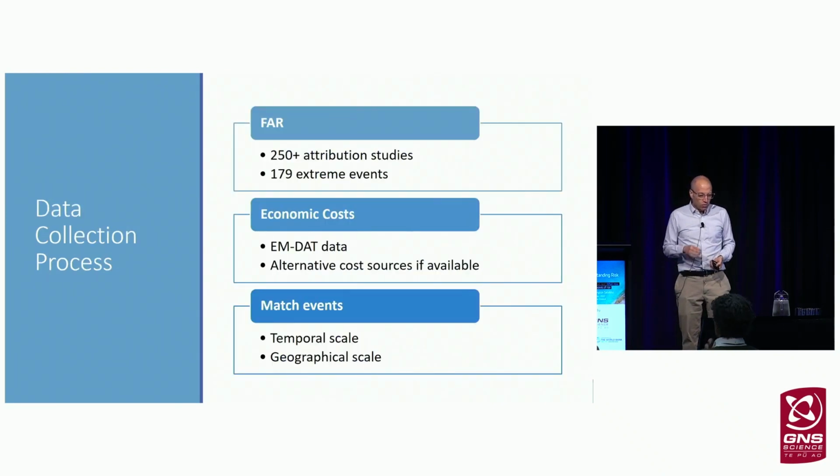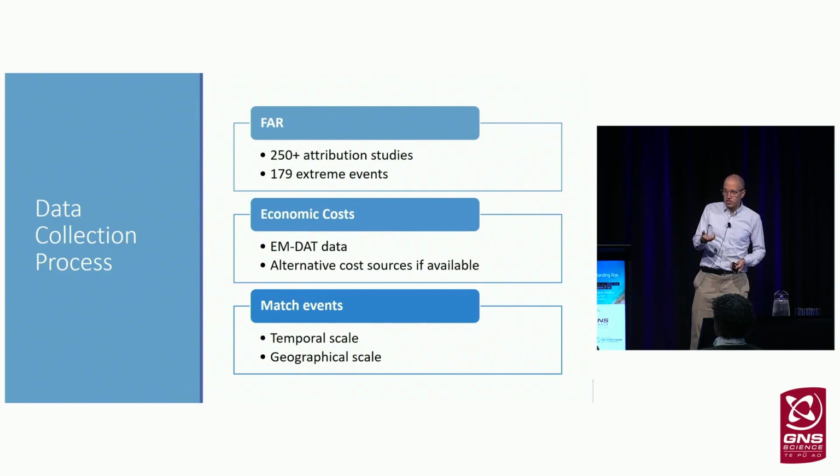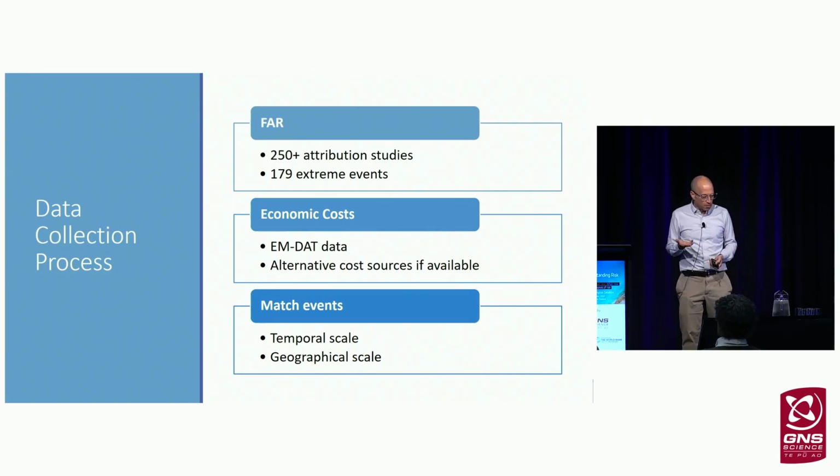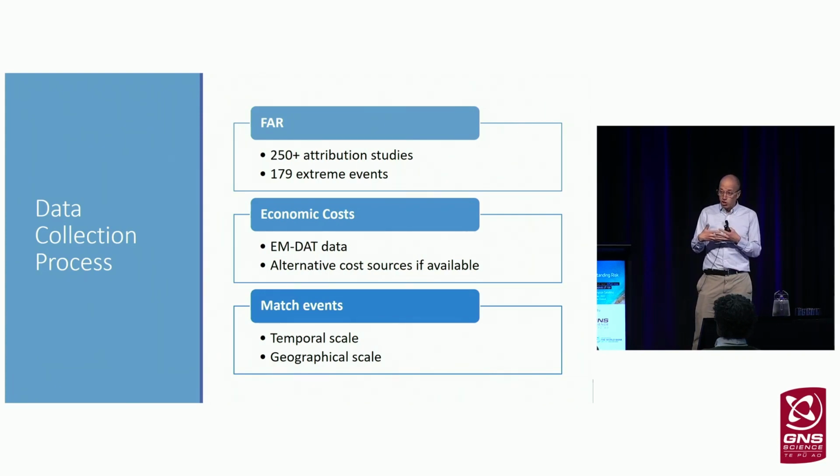So what do we do here? We look at those calculations of what is the changing frequency of extreme weather events in various places. And then we match that with global economic costs of extreme weather events using a global database called EM-DAT, which a few of you might be familiar with.